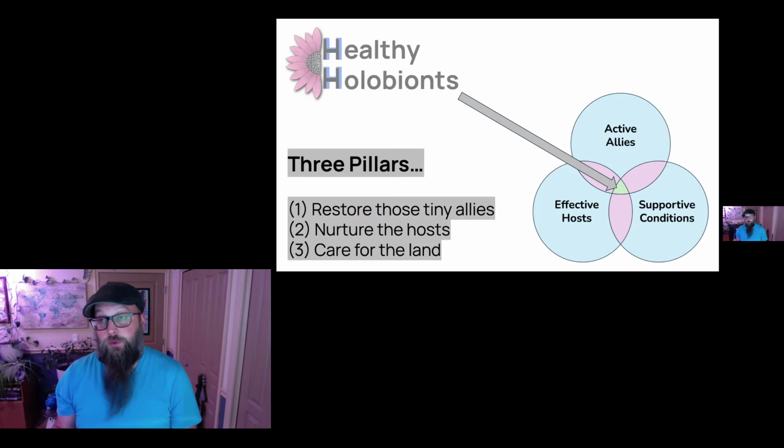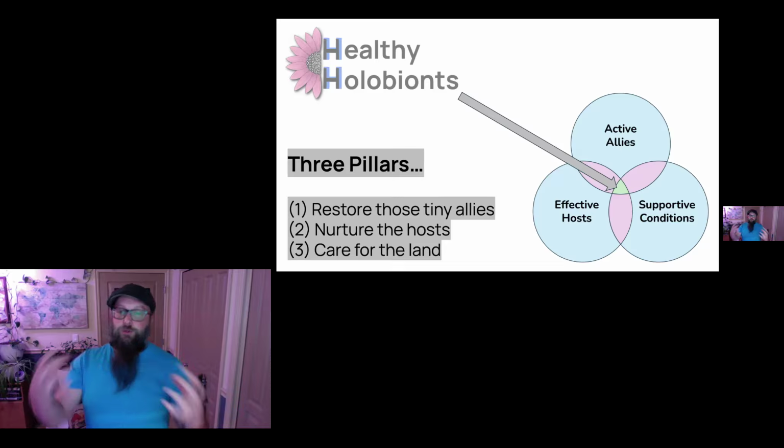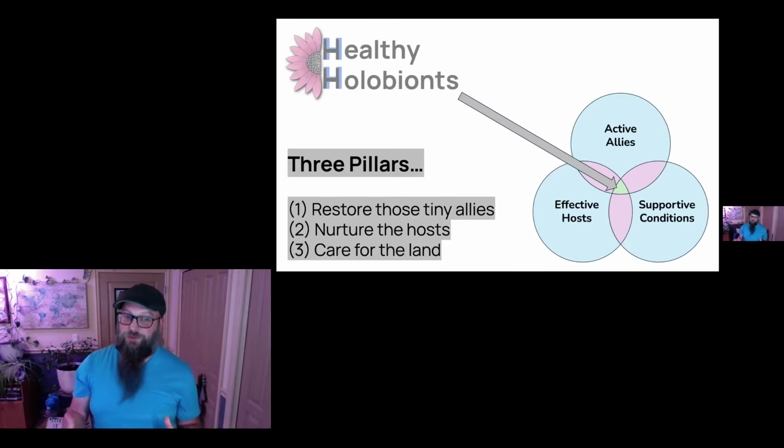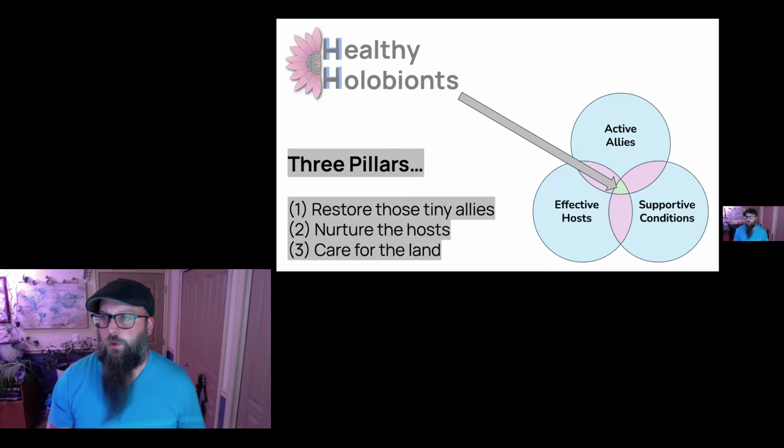That's really going to be through producing great bioamendments and using them effectively. And then because we need thriving hosts or effective hosts, we need to nurture the plants or animals, not separate them from their microbiomes, which is kind of historically what we did, but think of them as, again, the framework or the skeleton on which the rest of the life assembles.